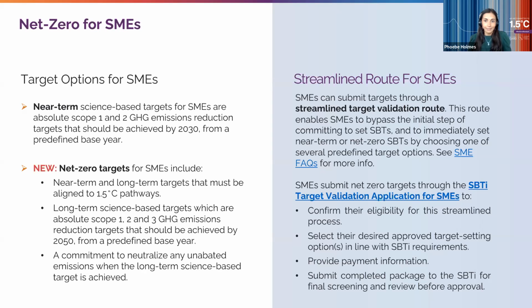As was mentioned earlier, SMEs submit targets through an expedited validation route in which they simultaneously commit to and set science-based near-term and long-term net zero targets. SMEs can submit their targets through a specific SME target validation application. The steps for doing so are listed here on the bottom right of the screen. Next slide, please.